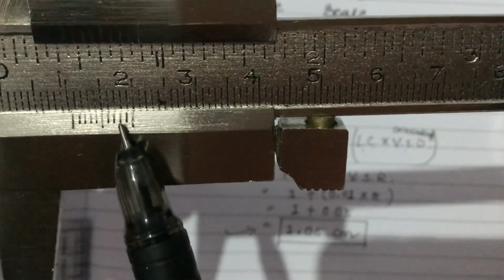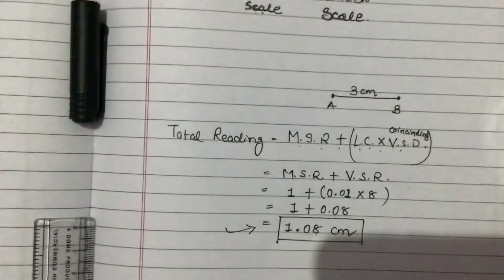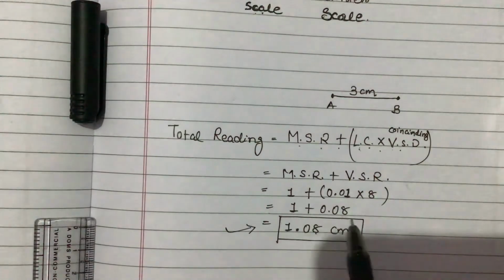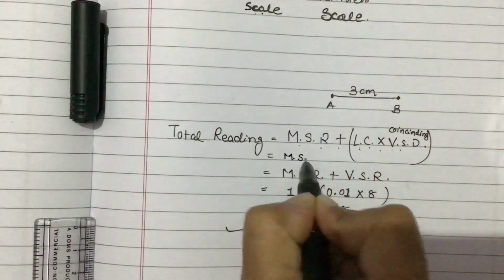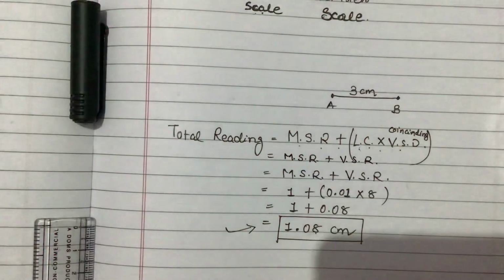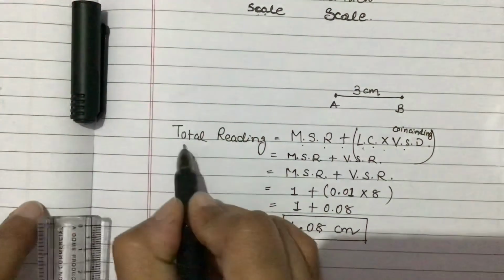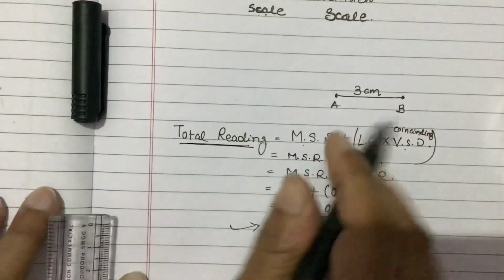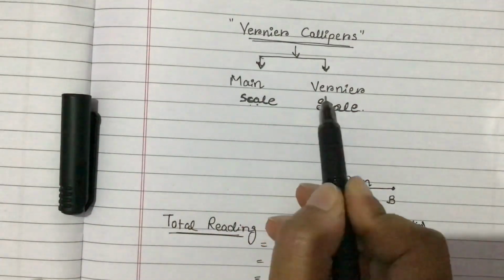But if you look closely, there will be only one division giving you the most accurate reading. Take that and then add them together. So the total reading is main scale reading plus vernier scale reading. This is how you measure the total diameter by using vernier calipers, reading the main scale and vernier scale.